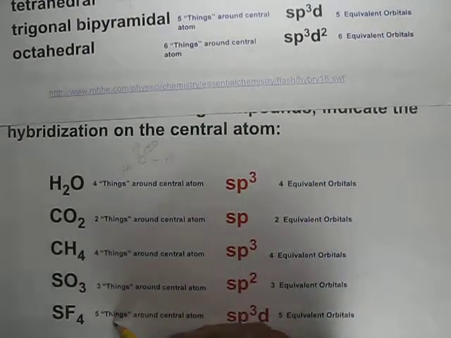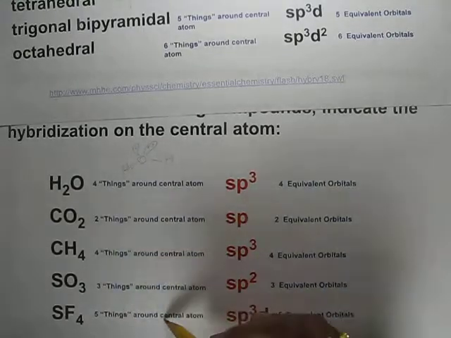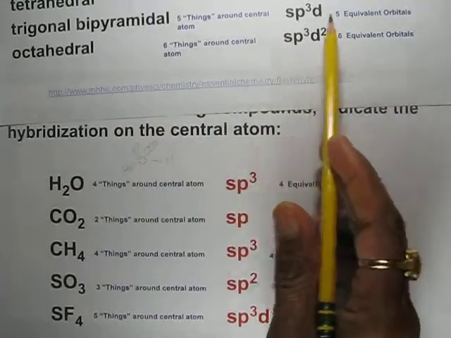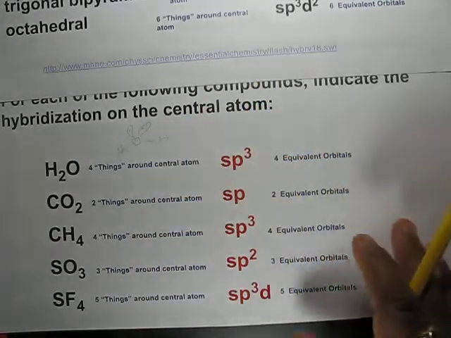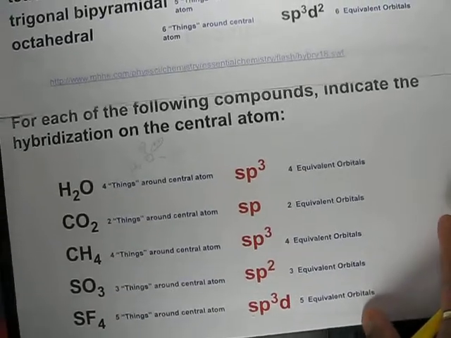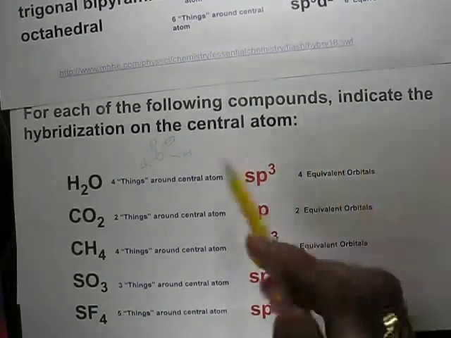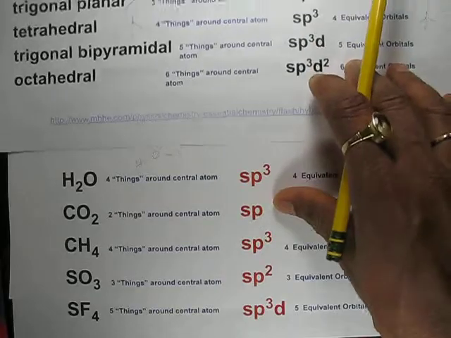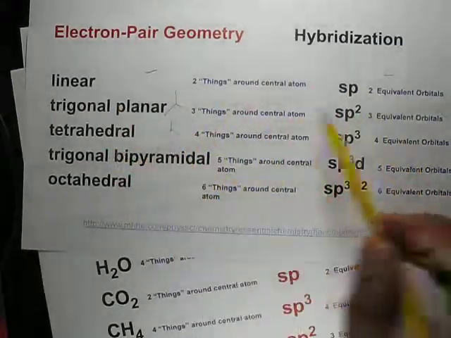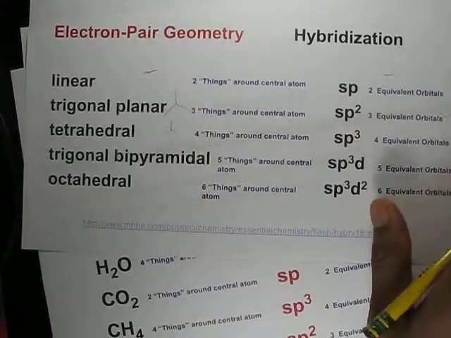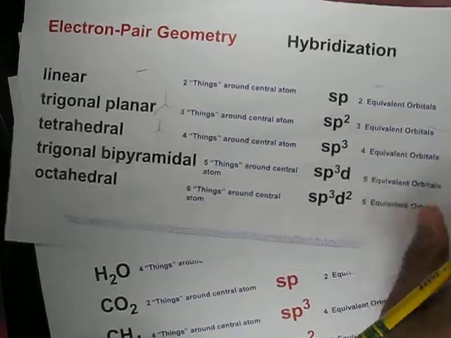In the case of SF4, five things are there, so sp3d hybridization. So these two slides are very important. We must remember the types of molecules and their electron pair geometry, and based on the electron pair geometry, match the type of hybridization.